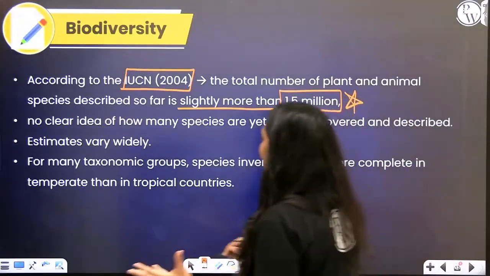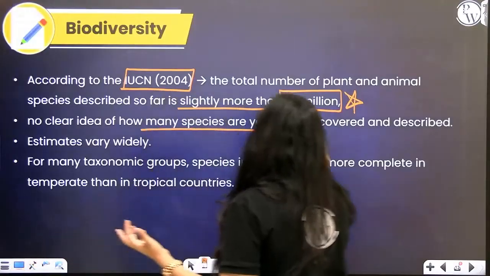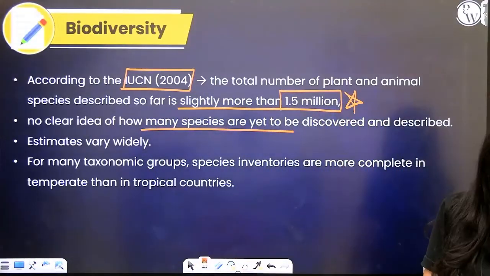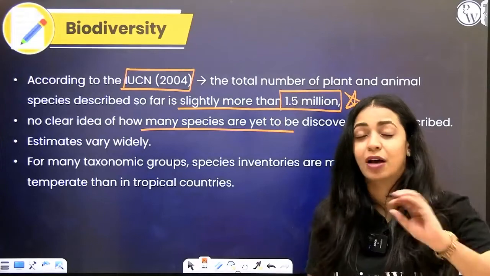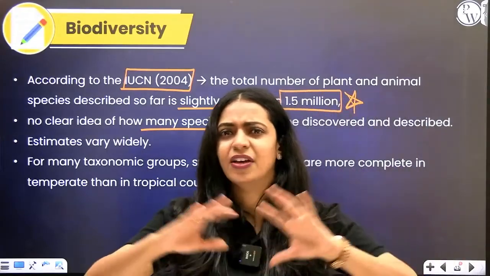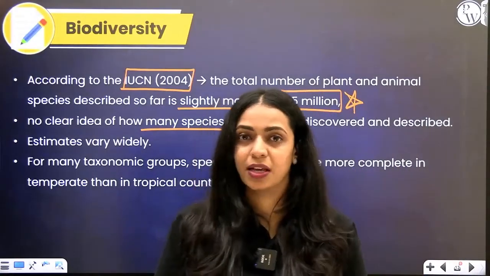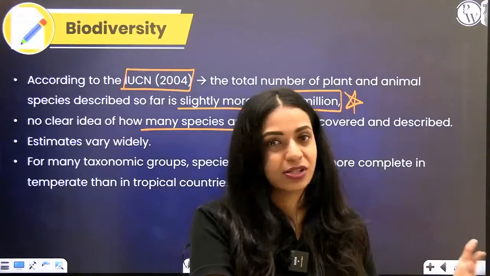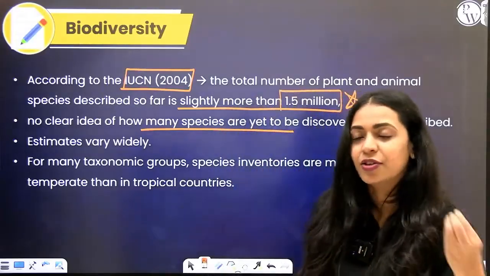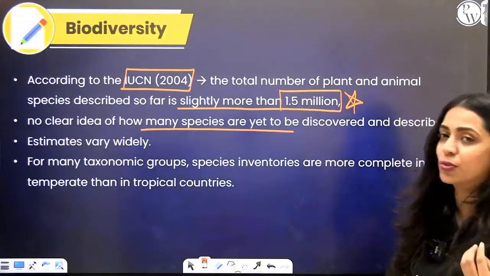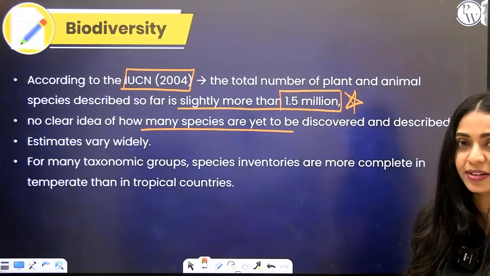So we don't have a clear idea of how many more species are yet to be discovered. Many people have come up with different estimates that are very variable. Some say a few million, some say several million, or some estimates even run to billions. So we're not exactly sure about how many more species are yet to be discovered and explored and described, right?